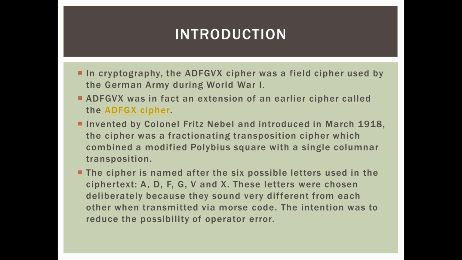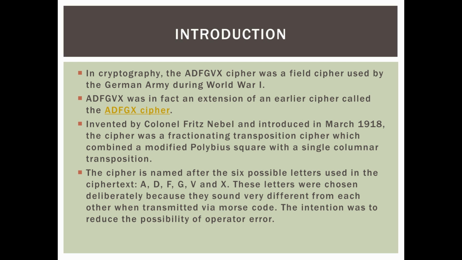It is not the same Polybius square which we had seen in my previous video. It is quite different, and the implementation technique is quite different also. We will see what actually happens in this cipher in the latter part of this video.